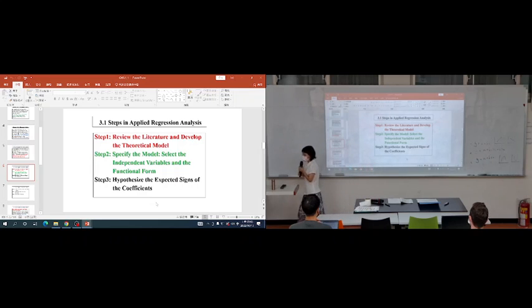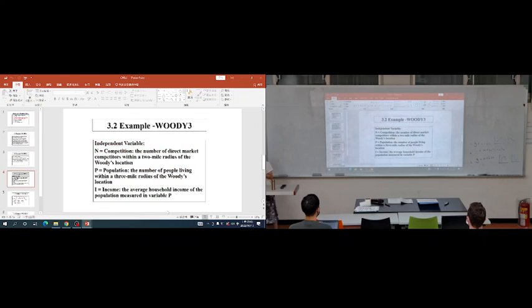So in our example, the first one is a negative relationship with the y. How about this one, the P? The more people, the more chance to go to the restaurant, right? So this is a positive relationship. Then how about this one?